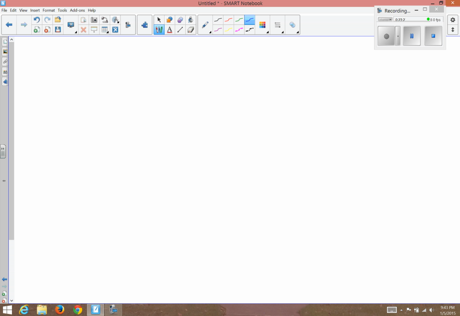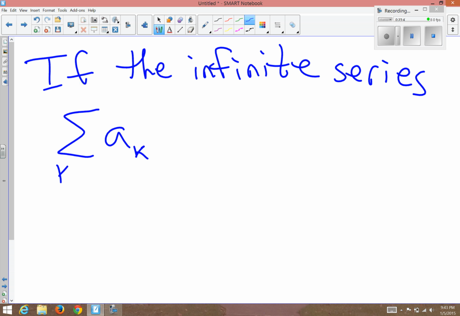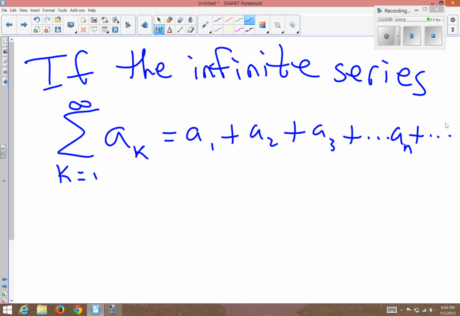So, if the infinite series sigma a sub k, k starting at 1 and going to infinity, meaning a sub 1 plus a sub 2 plus a sub 3 plus a sub n plus, there's two places where there's 3 dots.